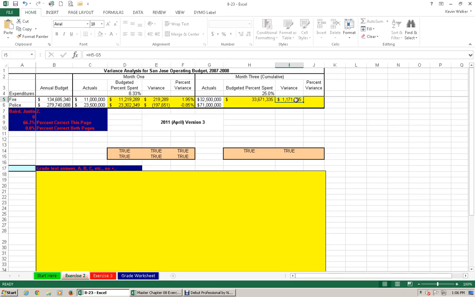So basically, they're saying through the first 3 months of the year, you spent a little over $1 million less than what you figured you would spend. Percent variance, same thing that we did over here. You know, E5 divided by D5. Well, in this case, we're going to go I5 divided by H5.